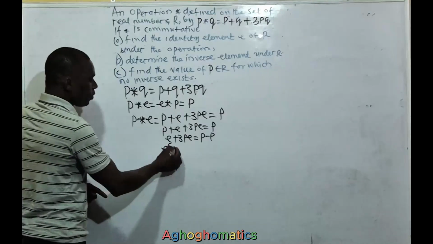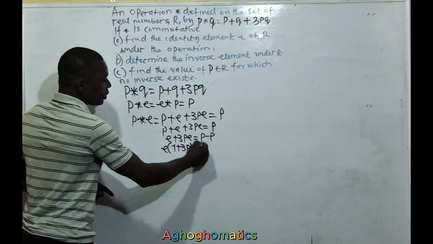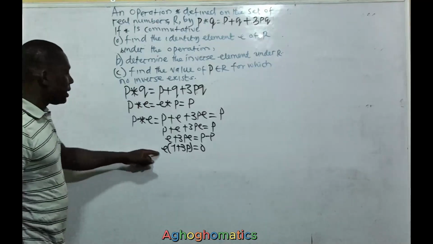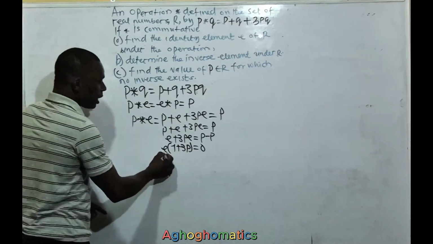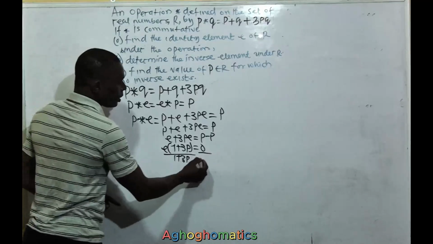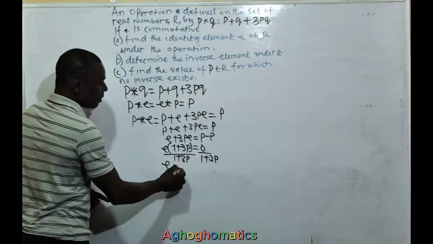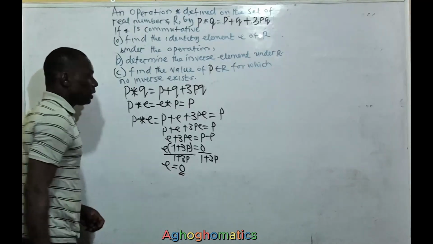This becomes E times 1 plus 3P is equal to 0. To obtain the identity element, divide both sides by 1 plus 3P. So the identity element here is 0.